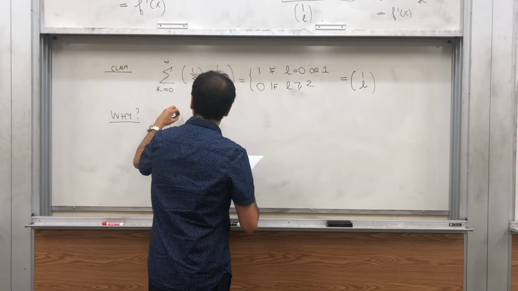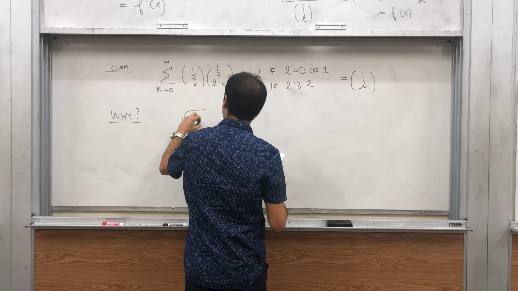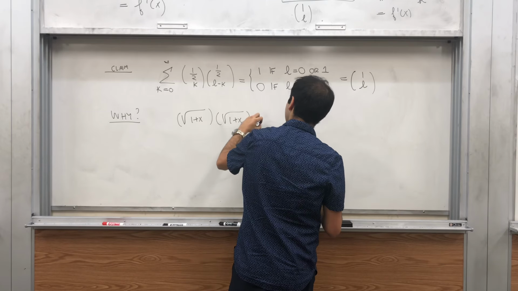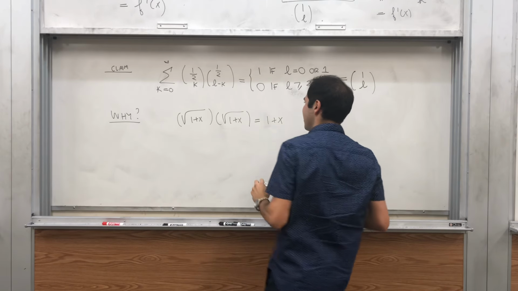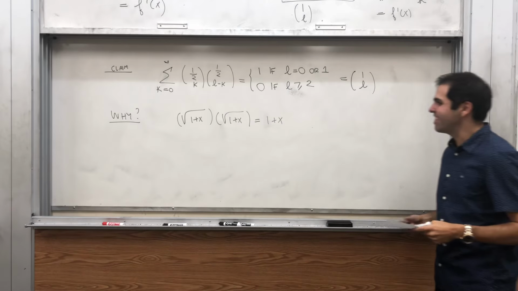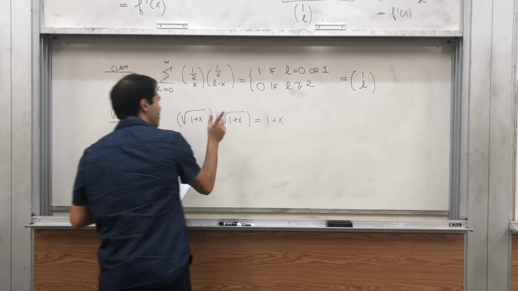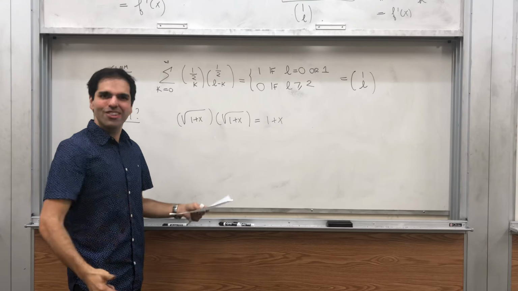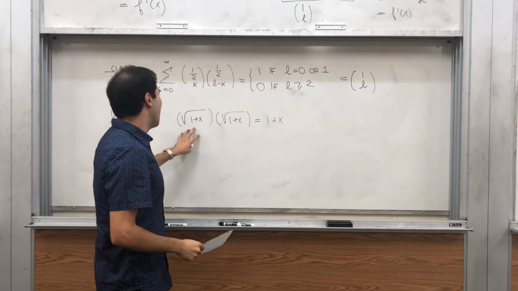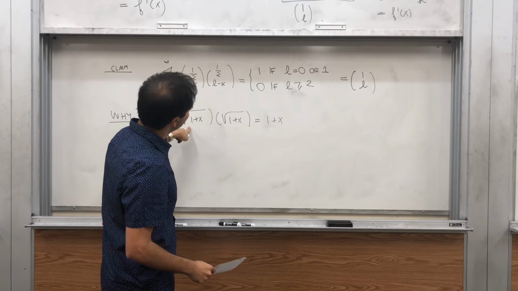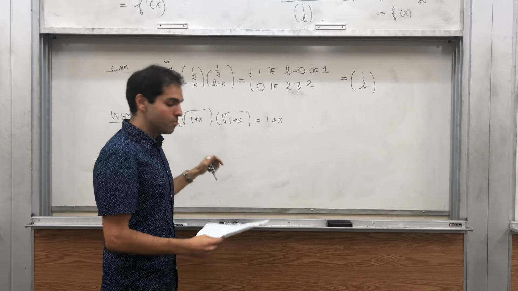Well, notice square root of 1 plus x times square root of 1 plus x equals 1 plus x. And you're like, what? What does it have to do with anything? Well, if you remember your Taylor series, or your fractional Taylor series, you can expand this in terms of Taylor series.